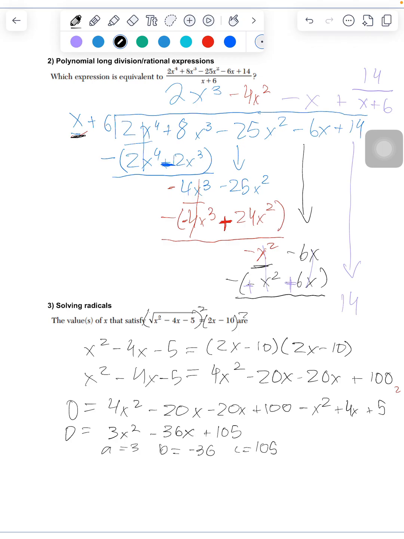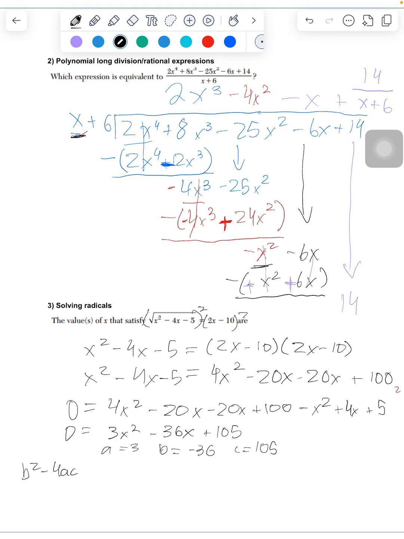All right, let's just use the quadratic formula. Remember, in the quadratic formula we first do b squared minus 4ac. So take out your calculators and calculate that first.